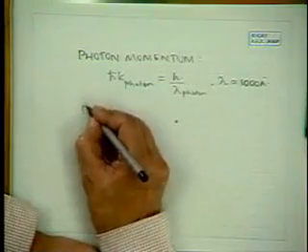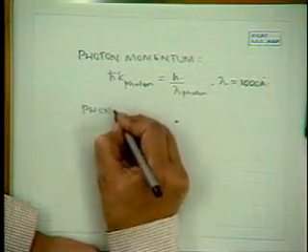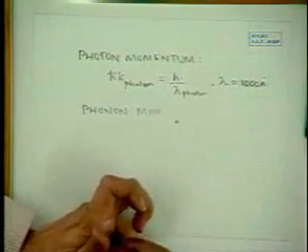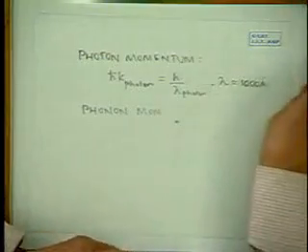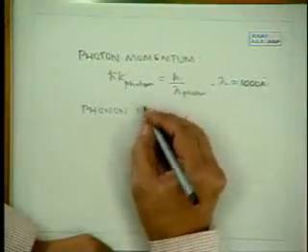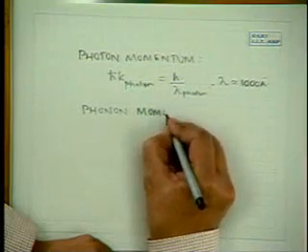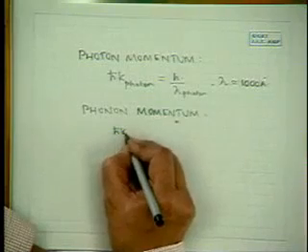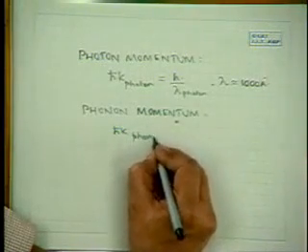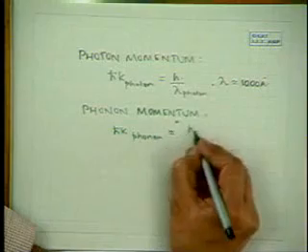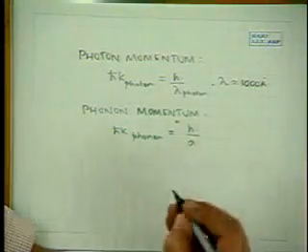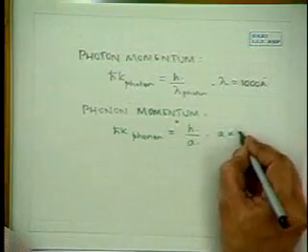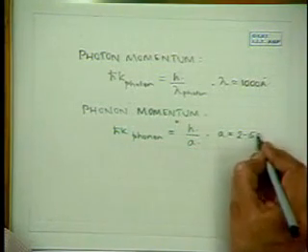Whereas if we look at the phonon momentum, h cross K phonon is h by A, where A is the lattice parameter, which is of the order of 2 to 5 angstroms.